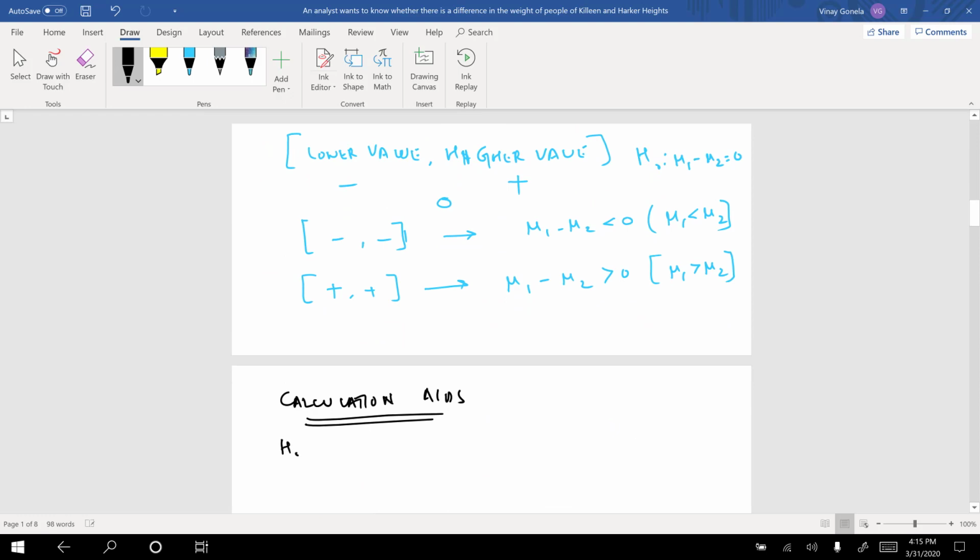Our null hypothesis is mu1 is equal to mu2, and the alternative is mu1 is not equal to mu2.